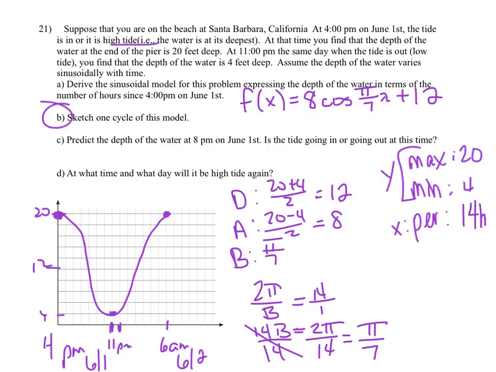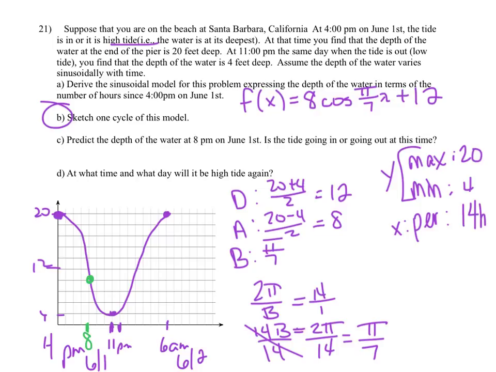Predict the depth of the water at 8 p.m. on June 1st. If we look at our graph here, this is 4, so it's 5, 6, 7, 8. I don't really know what that's going to be, since my graph isn't that accurate.